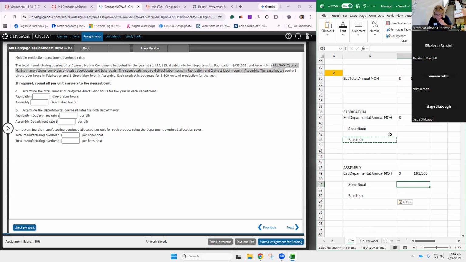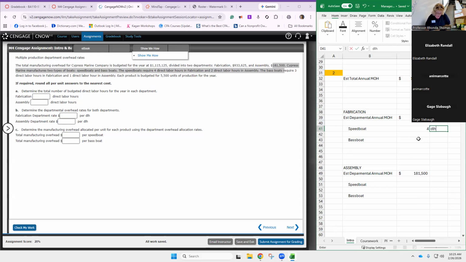Okay, so let's go back to the speedboat. It says speedboats require 4 direct labor hours of fabrication and 2 direct labor hours in assembly. So this is the speedboat. So 4, and I'm going to leave that 4 by itself because I'm going to put direct labor hours.